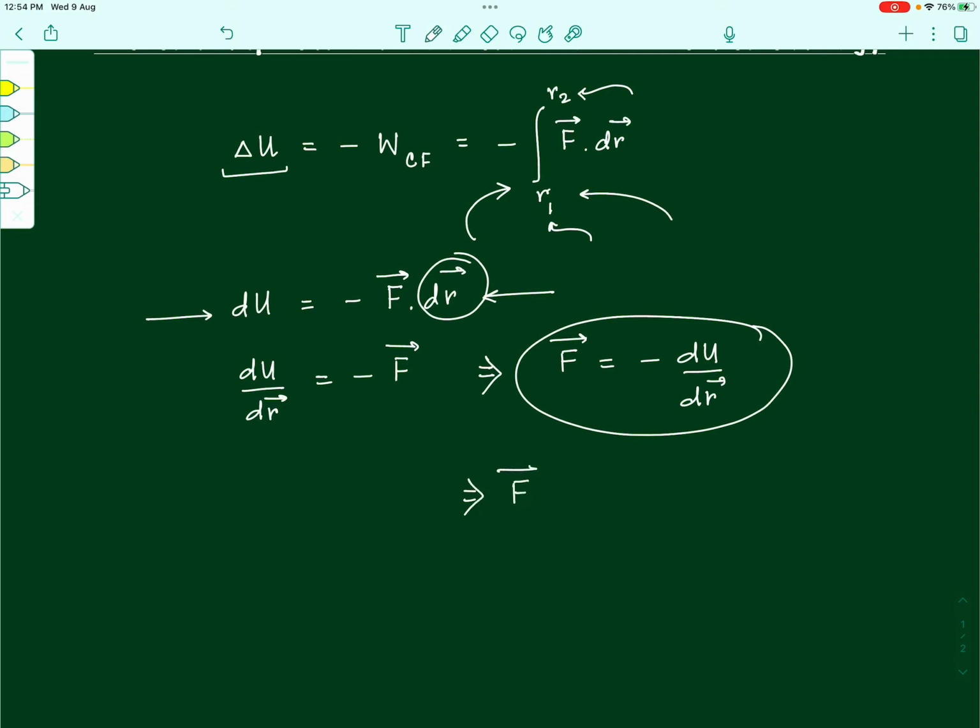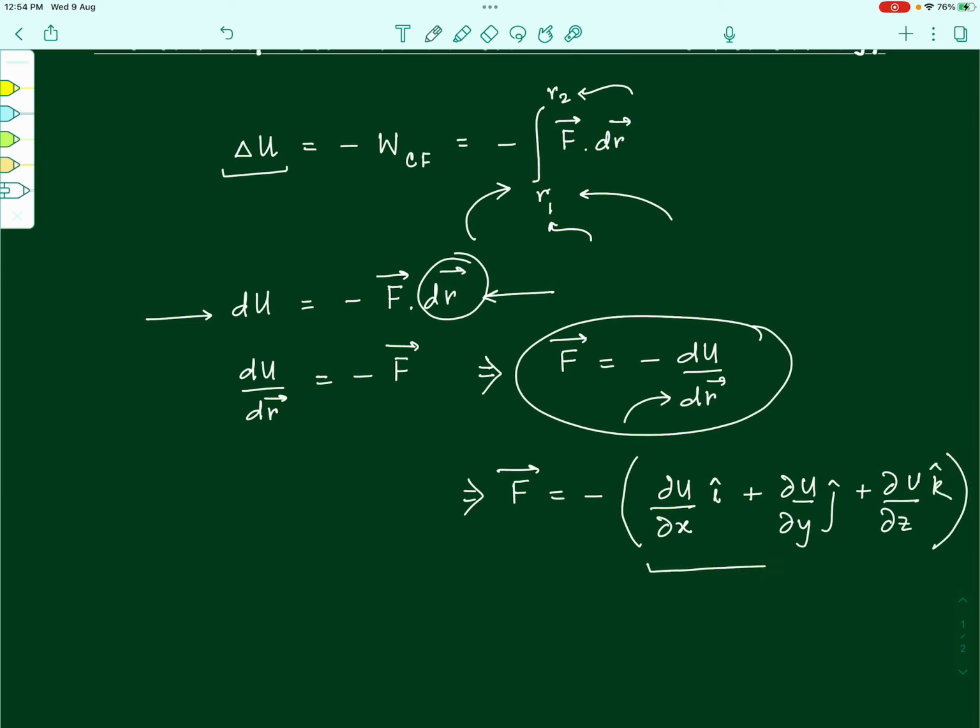The vector F is equal to minus of, we are differentiating the potential energy function with respect to the vector r, which when we split along the 3 mutually perpendicular directions, we can write it as del U by del x into i cap plus del U by del y into j cap plus del U by del z into k cap.